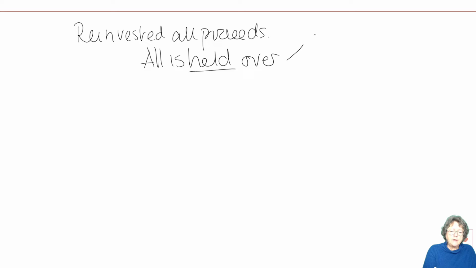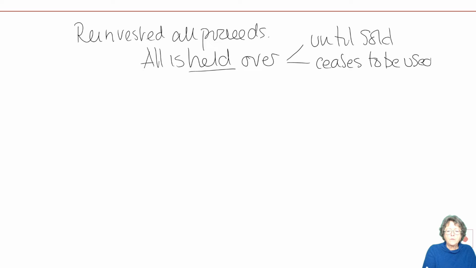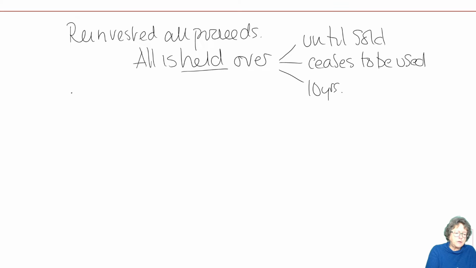Either until it is sold, or it ceases to be used, or 10 years. So we've got June 23. That gain then is chargeable in 23-24 because it was sold in February 24.